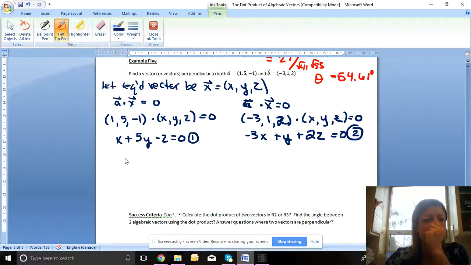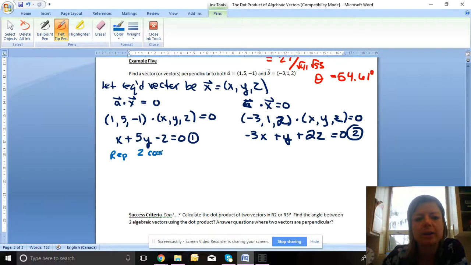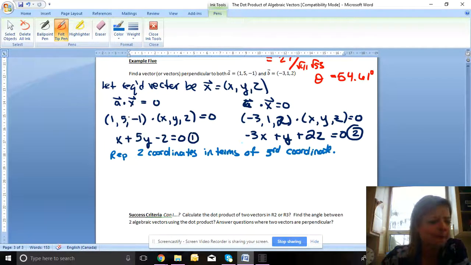So I'll change color here. So what we're going to do is represent two coordinates in terms of the third coordinate. Okay, so we're going to multiply equation 1 by 3, and then we're going to add it to equation 2.